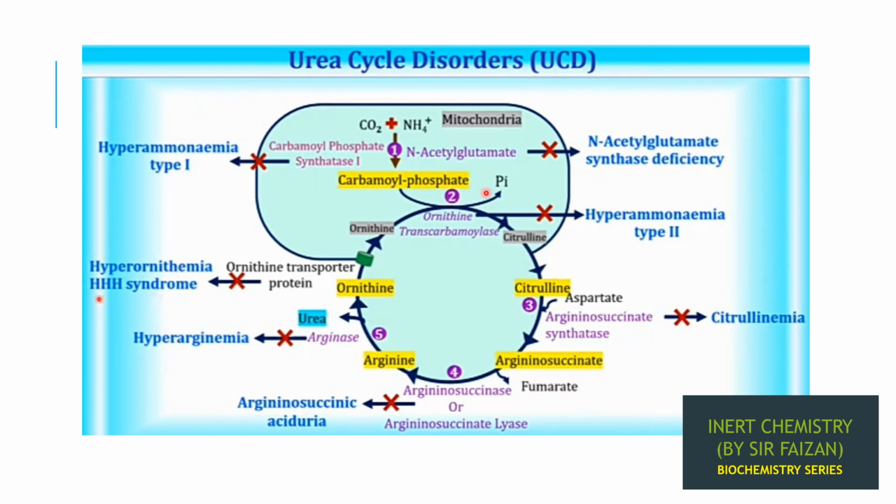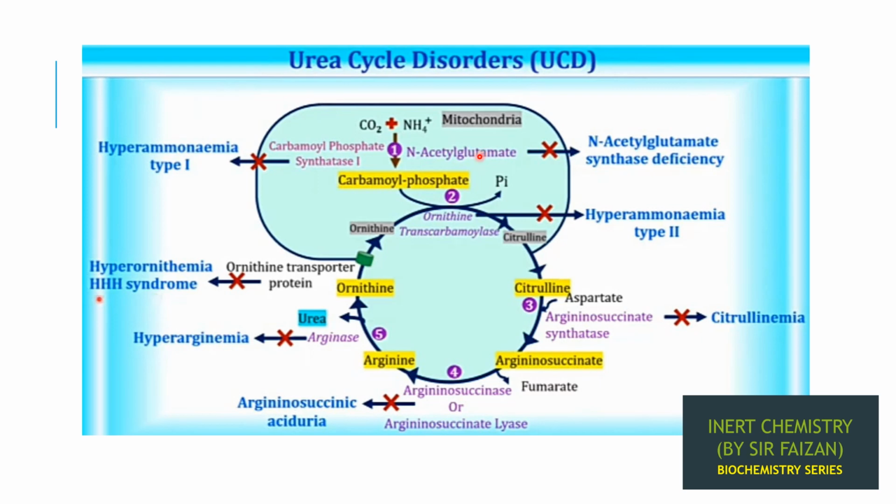The other disease associated with the urea cycle is N-acetyl glutamate synthase deficiency. In this case, N-acetyl glutamate is not working properly.